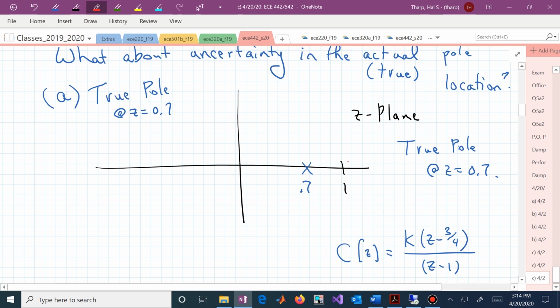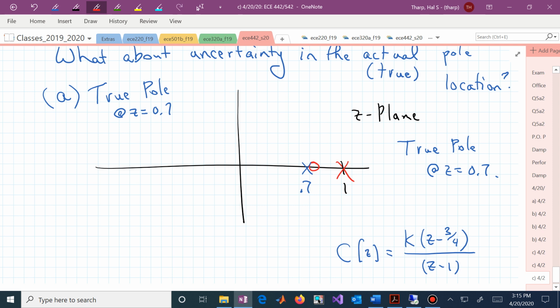So now we have a pole at 1, that's the integral action. We have a 0 at 3/4. It's not quite on top of that pole now, is it? But what's the root locus diagram for this?